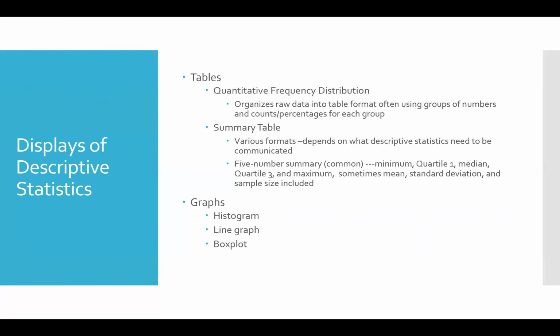It may just be a list of the mean, the median, the mode, the range, the variance, all of those statistics. There's one that's very common that you see. It's called the 5-number summary. The 5-number summary is the minimum, quartile 1, the median, quartile 3, and the maximum. And then we also add the mean, the standard deviation, and the sample size.